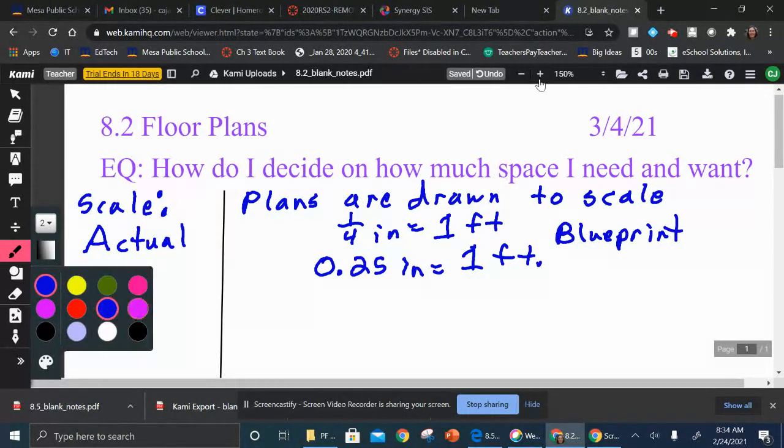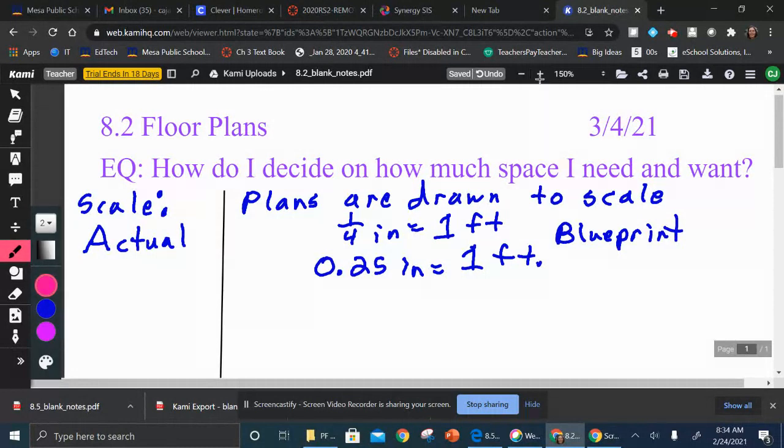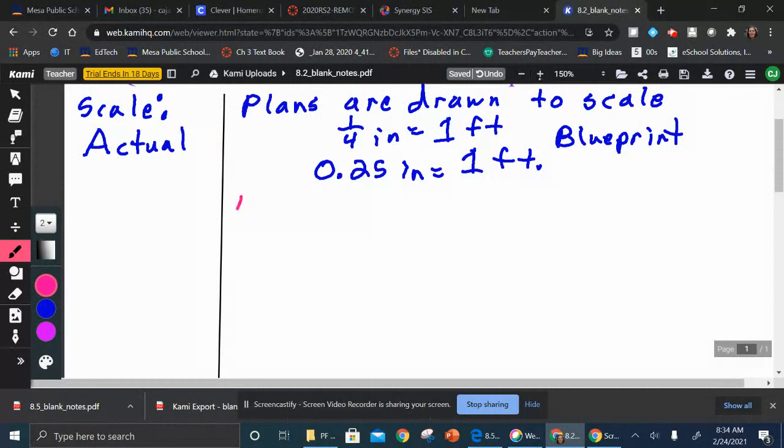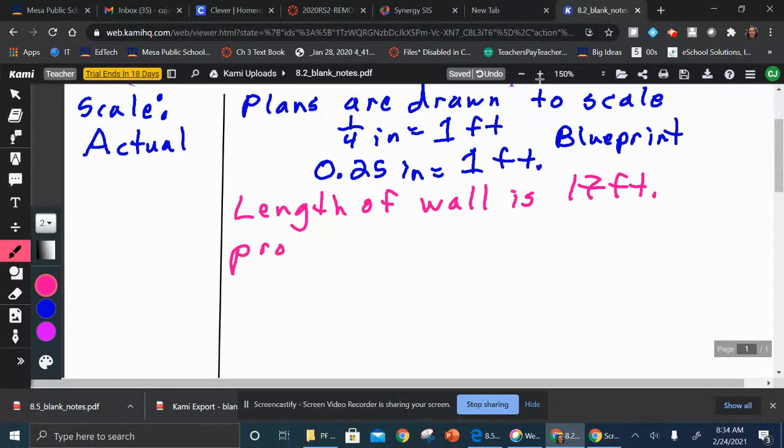Let's say, everybody, that the length of the wall is 17 feet. That's the proportion. So we're going to use a proportion.